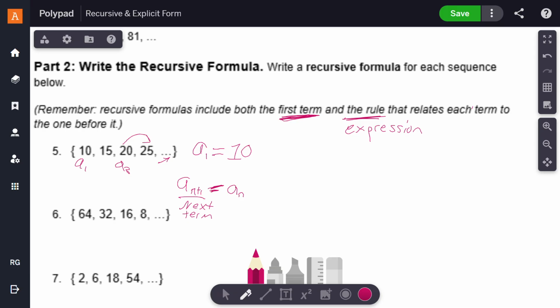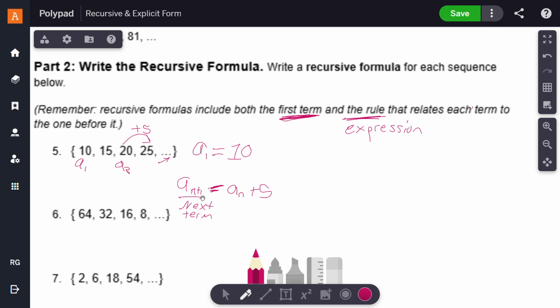In number 5, you can see to go from the first term to the second, we're adding 5 to it. To go from 10 to 15 is plus 5. To go from 15 to 20 is plus 5. To go from 20 to 25 is plus 5. So our expression is adding 5 to that. So again, An plus 1, that's the subscript for the term number, represents the next term, and is going to be equal to whatever term that we're mentioning, you're going to add 5 to it.